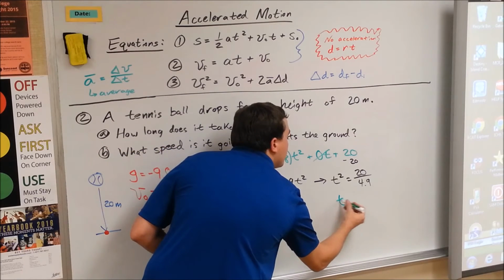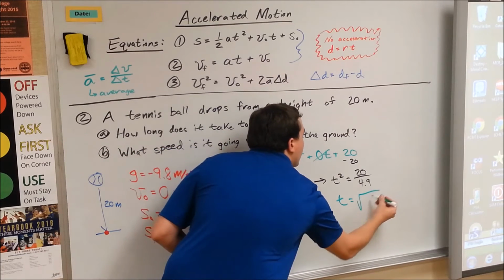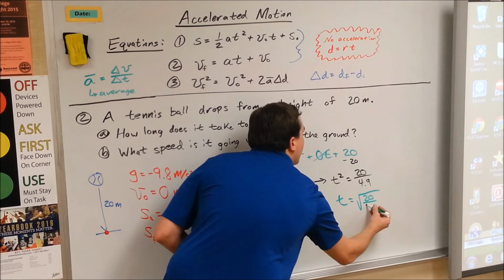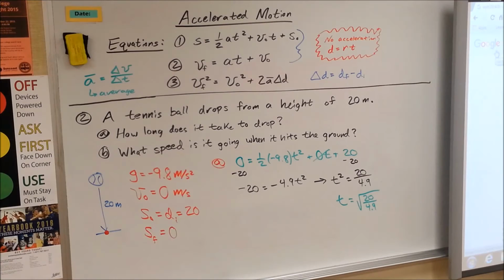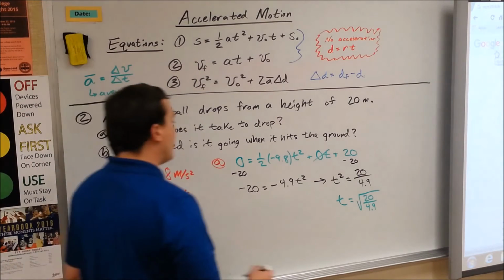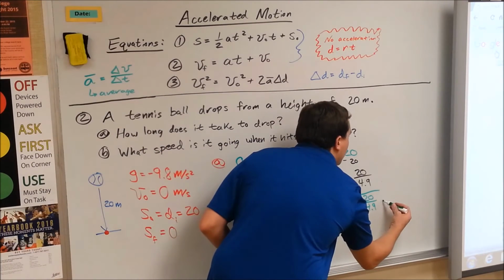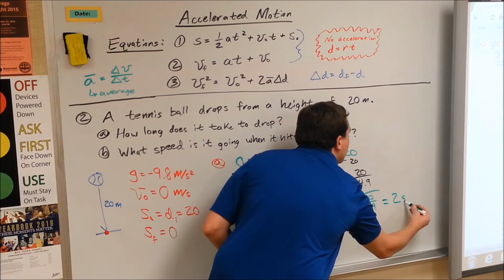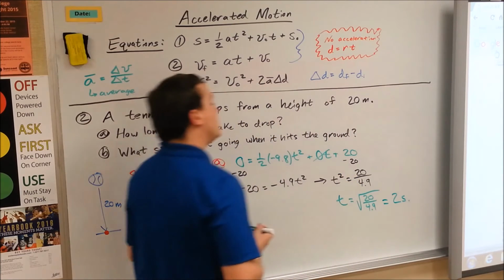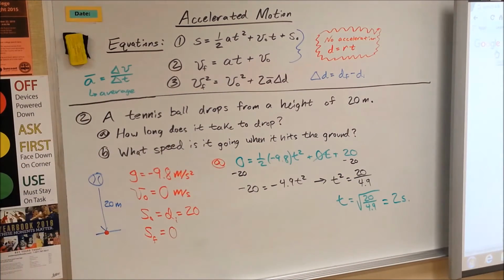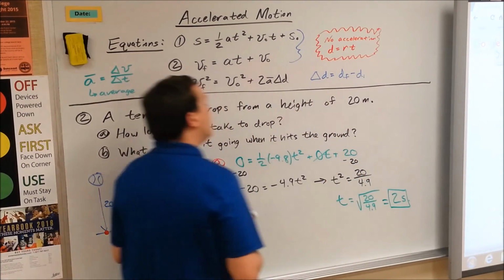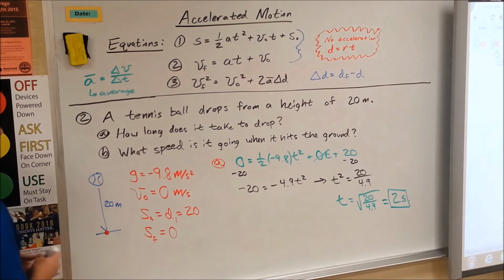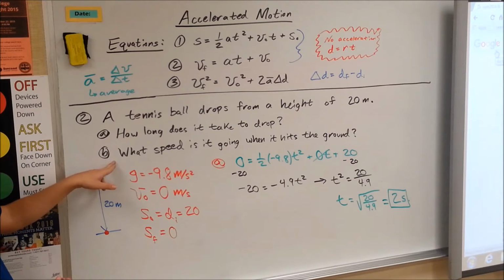So t equals the square root of 20 divided by 4.9. So our time is about 2 seconds. So that's the answer for part A, 2 seconds.